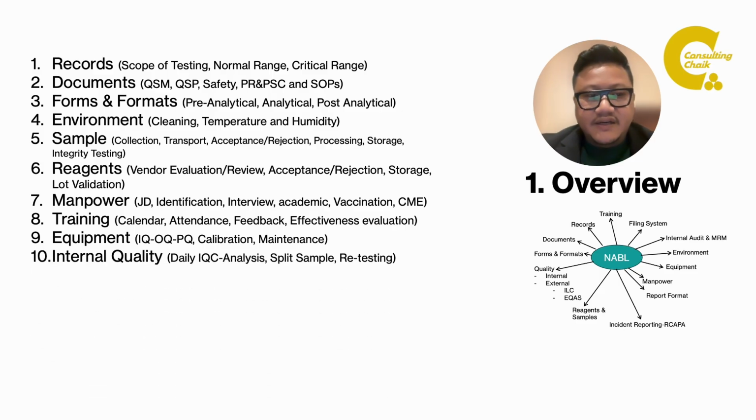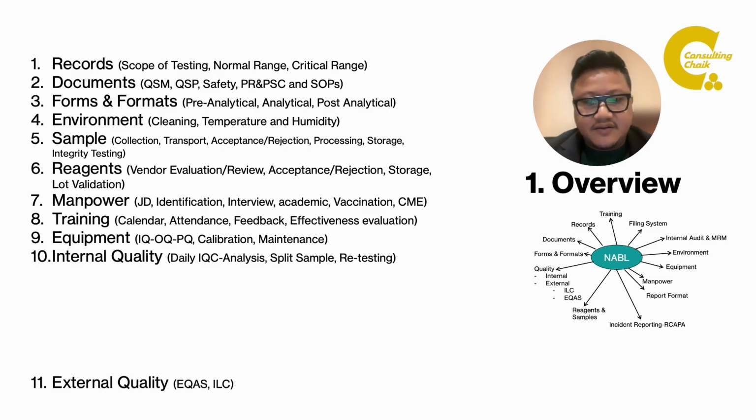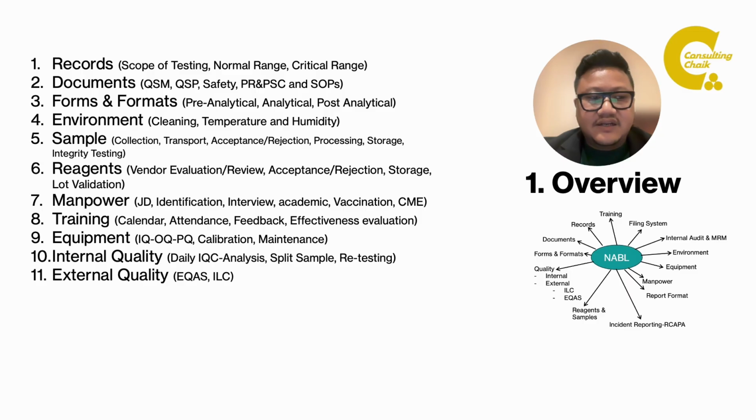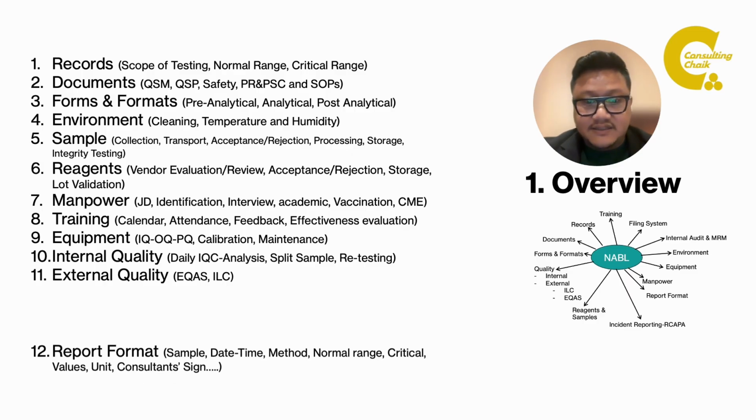Then you have internal quality, where you do daily internal quality control, and then you analyze it in the form of an LJ chart using Westgard rules. Then you can also do split sample testing, and you need to do retesting. Then you have external quality, that is external quality assurance, and then you also have internal inter-lab comparison.